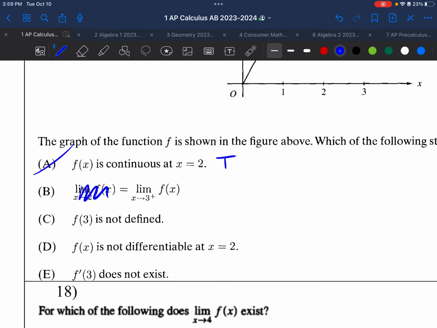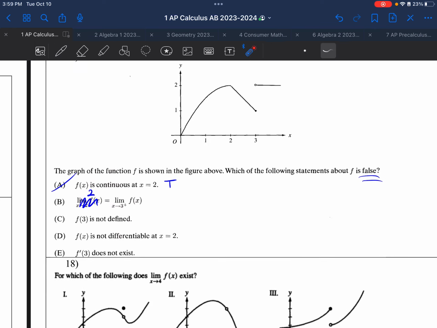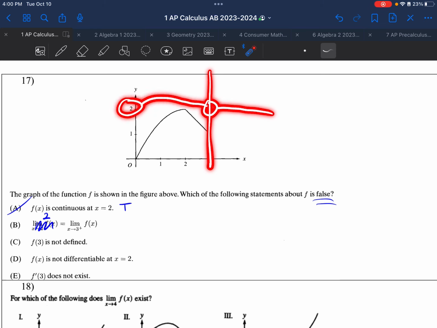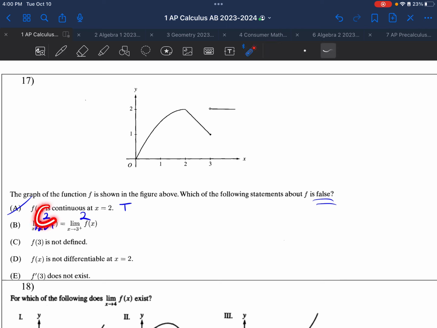I'm going to cross this off and say this is just 2. And it's saying it's equal to the height when I approach 3 from the right. So as I approach 3 from the right, ignore what happens from the left. I don't care. As I approach 3 from the right, I seem to be getting closer and closer to this height of 2. So that height over here is 2. It's saying, does 2 equal 2? Yes, it does. That is a true statement. Therefore, it's not B. We're looking for a false statement.